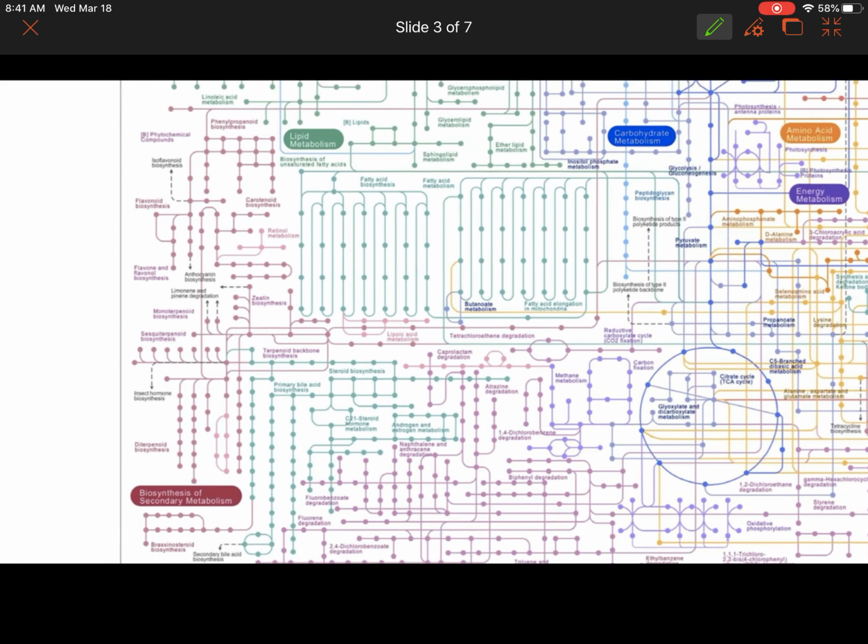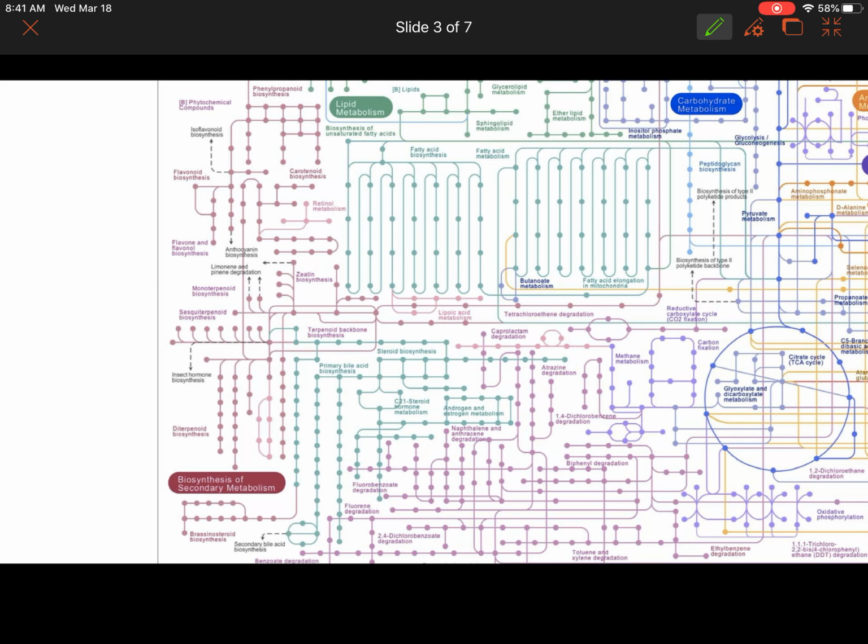And so I know it's really, really tiny, but if we zoom in here a little bit, every dot on this chart represents some kind of a chemical intermediate, some kind of a molecule. Every line connecting two dots represents a chemical reaction. Every chemical reaction, maybe I shouldn't say every, almost every chemical reaction in a cell requires an enzyme.